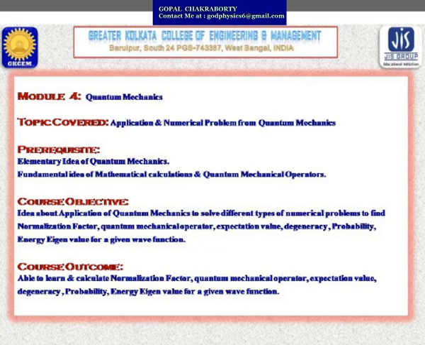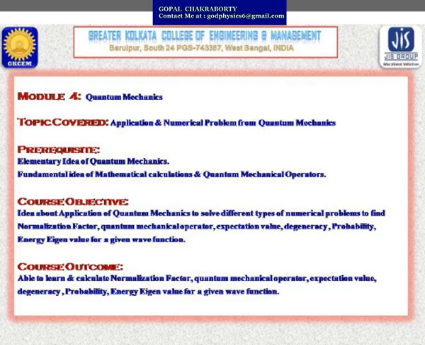The course objectives are an idea about the application of quantum mechanics to solve different types of numerical problems to find the normalization factor, quantum mechanical operator, expectation value, degeneracy, probability, energy eigenvalue for a given wave function, and so on.